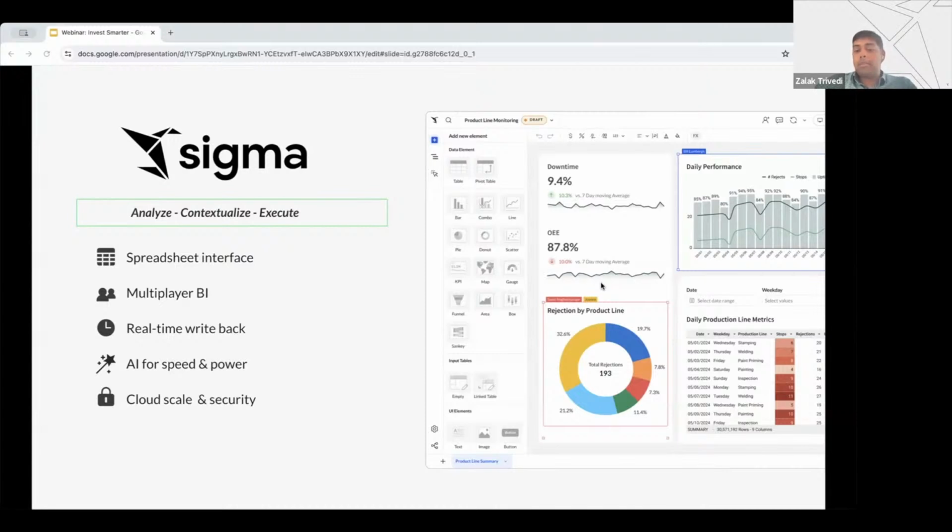We focus on multiplayer BI, which is pretty much anybody who has a spreadsheet knowledge, or if you can write SQL or Python, you're all able to collaborate in the same workbook. We have real-time write back where you can use our input tables functionality to add your own data and add context to the existing information that you've been presented.